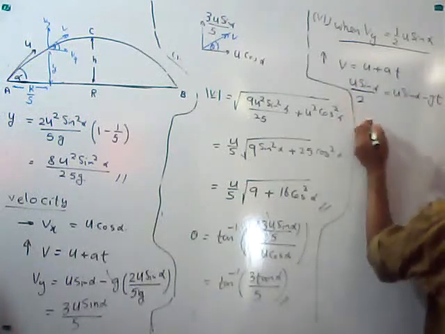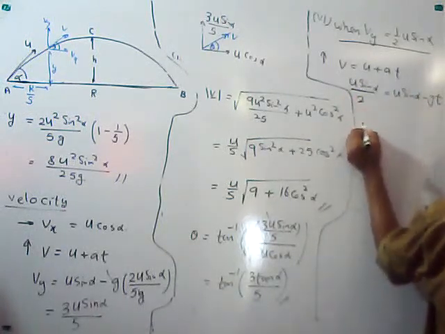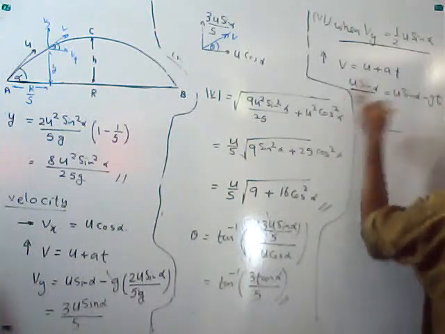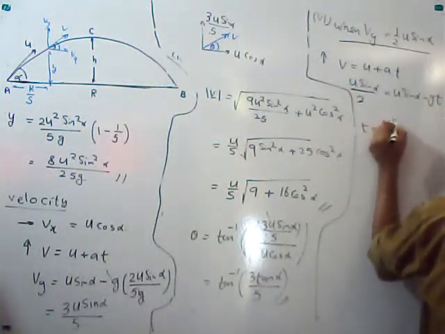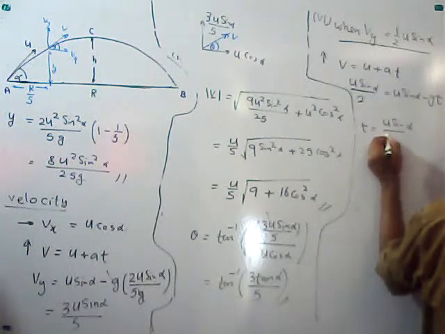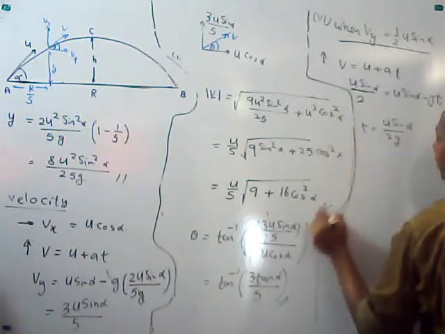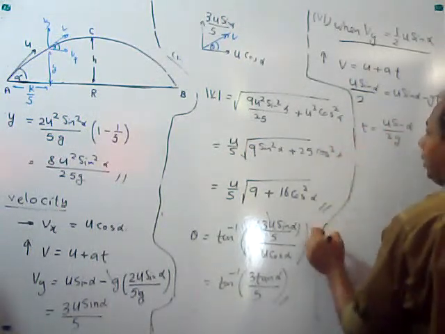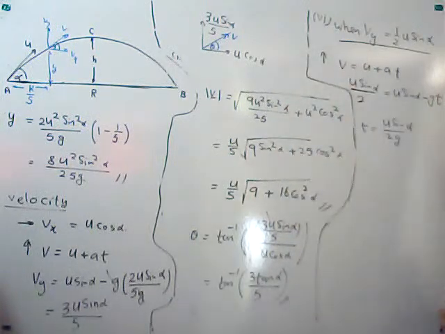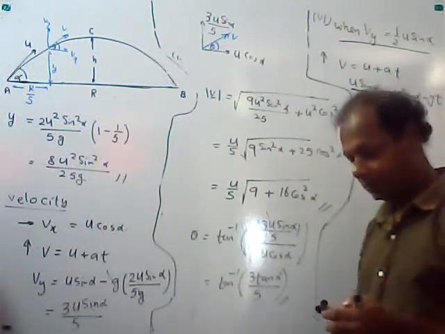So this gives t equals u sin alpha over 2g. This is the time taken by the particle when its vertical component of velocity is half the initial one.